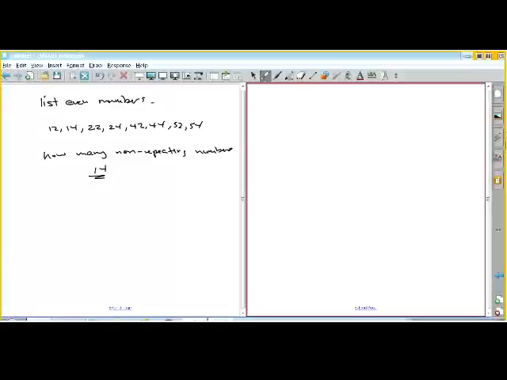Another way of doing this in a multi-step process is using a tree diagram. The most common tree diagram that we've dealt with is the flipping the coin. And so what we would do is you have a multi-step process which you model using this tree to list all the possibilities.